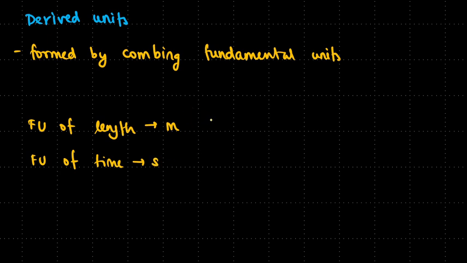So for meter, I can write 1 meter, 0.5 meter, or any number with a meter. So I can write a number as n and meter as the unit. Let's write it with another color so that it becomes clear. So any number along with its unit.